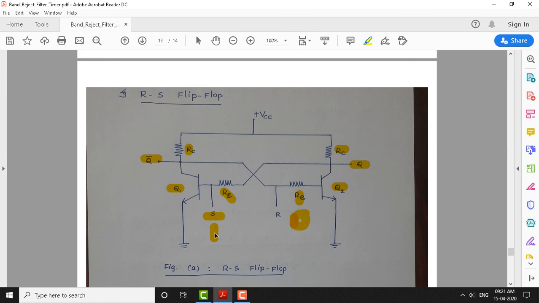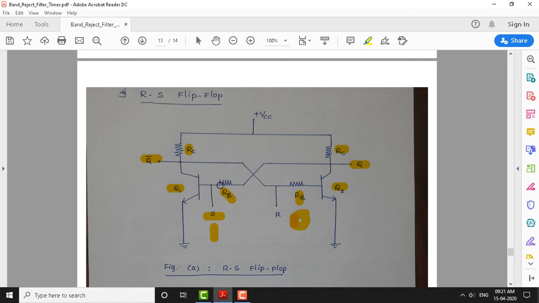As we said, this is the input for the Q1 transistor, so this transistor will be turned on whenever a high level signal is applied at the S input. Usually we apply a high pulse here, and when we apply it, that turns on this Q1 transistor.